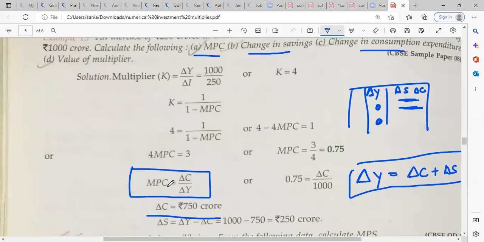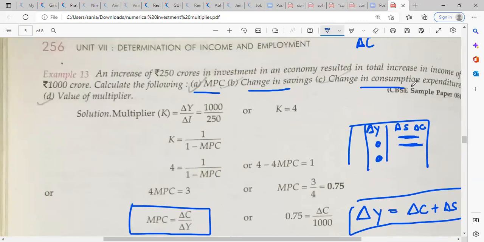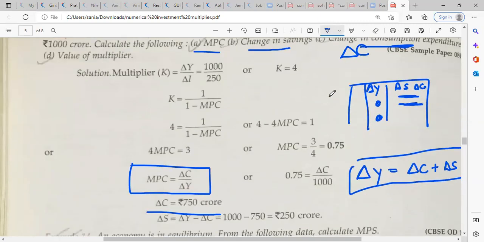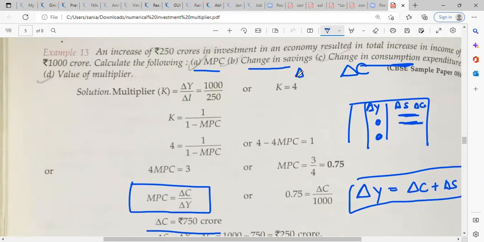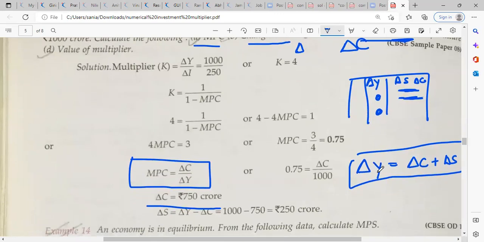With the help of this MPC formula, you will calculate your consumption expenditure. Change in consumption means delta C, and change in savings means delta S. So with the help of this formula, once you got delta S, you can calculate delta C from here, right? Or first you can calculate delta C, and with the help of that you can calculate this.